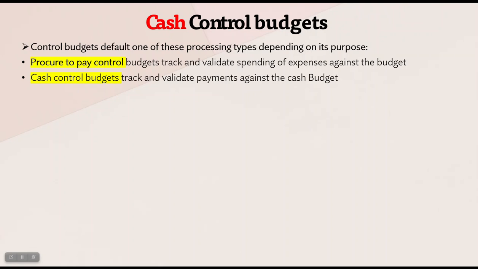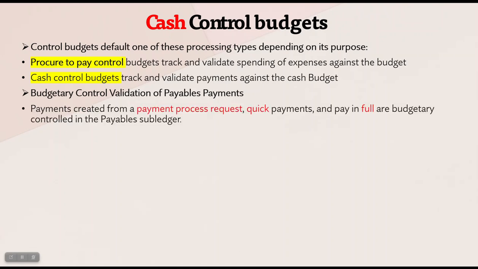It tracks and validates payments against the cash budget. Budgetary control validation for payables payments: payments created from a payment process request, quick payment, pay in full are budgetary controlled in the payables subledgers.